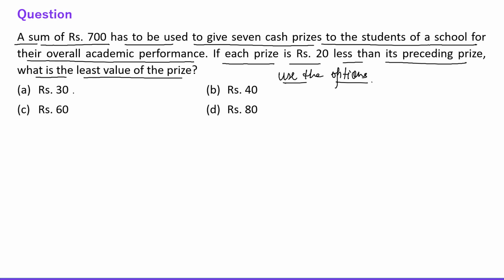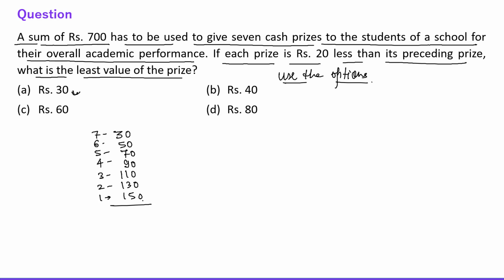So let's start with the first option, 30, right? So first prize is, let's say, 30, then second would be 30 plus 20, 50, then 70, then 90, then 110, then 130, then 150, right? So these are the 7 prizes. So this is first prize, this is second prize, this is third, this is fourth, this is fifth, sixth and seventh, right?